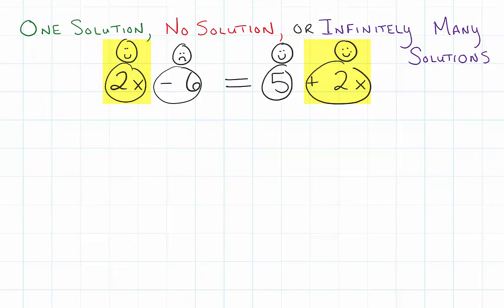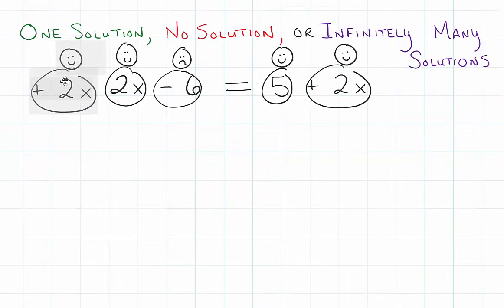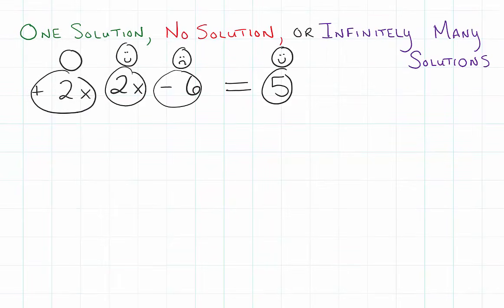Well, when we ask ourselves the question, which side of the equation has the bigger variable? Well, there's no answer to that. Both sides have the same variable and the same amount of that variable. So it doesn't matter which one we take and ping pong over from one side to the other. So I'm just going to take the one here on the right. Again, it doesn't matter. Ping pong it over, and what you're going to notice is that it becomes negative.